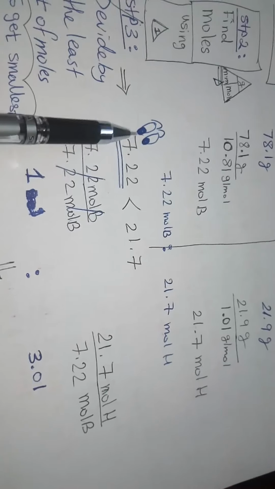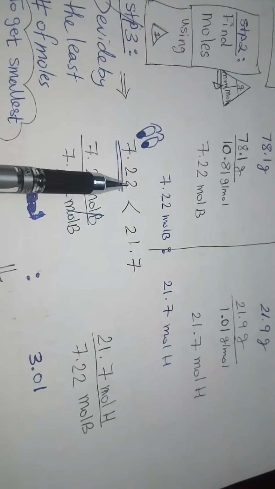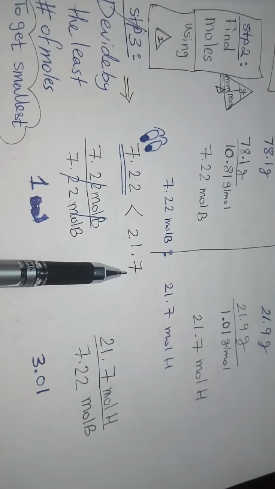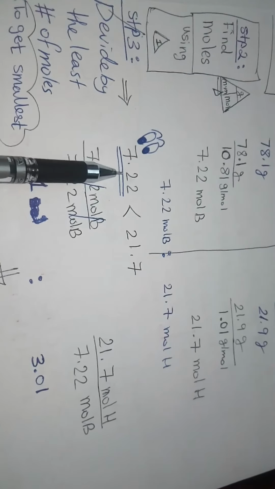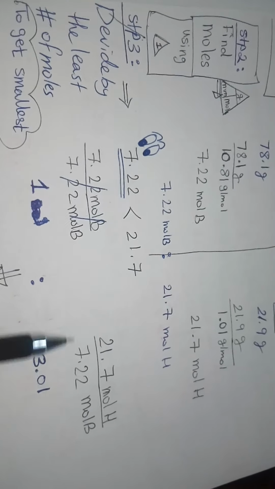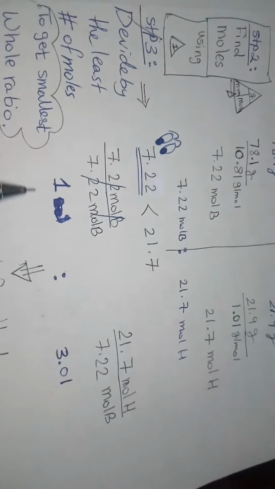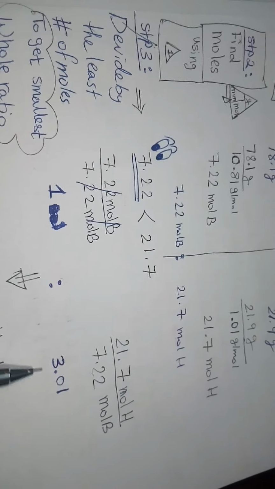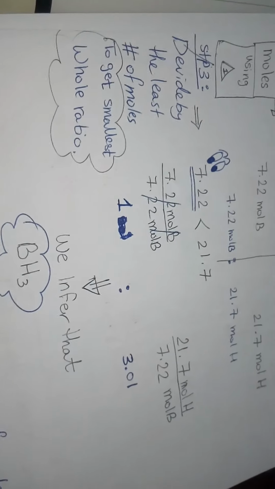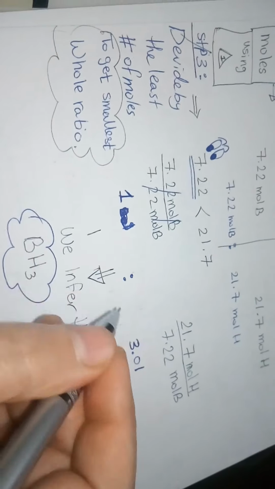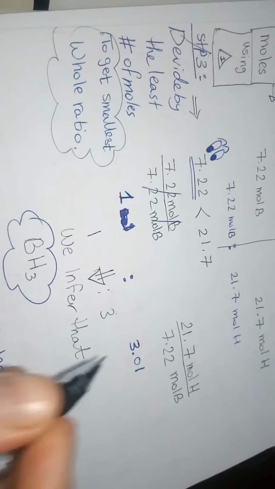As you notice, 7.22 is less than 21.7, so we're going to divide by this number. If we divide on both sides, as you can see, we get 1 to 3.01, so it's a 1 to 3 ratio.